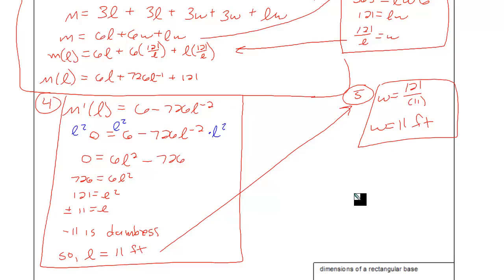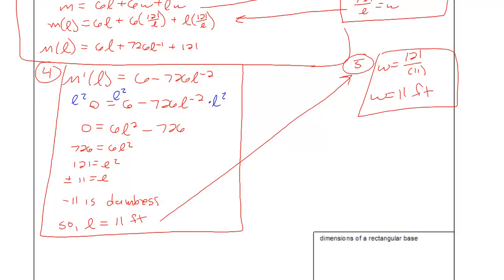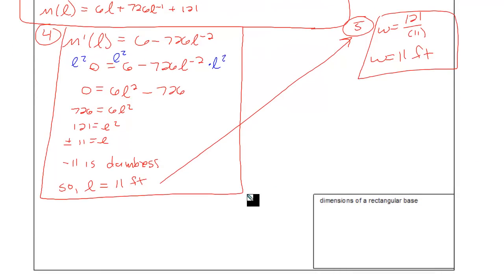It'd be a good idea to confirm that this is a minimum, but I'm not going to trick you on these word problems. When you get critical points from the first derivative, it's always going to be what it's supposed to be. Dimensions of the rectangular base: the rectangular base is 11 feet by 11 feet.